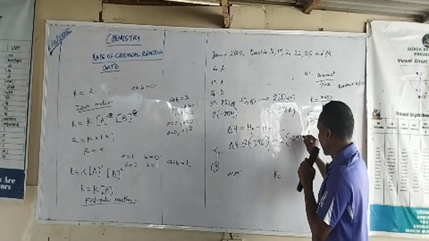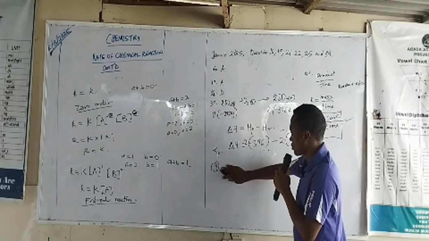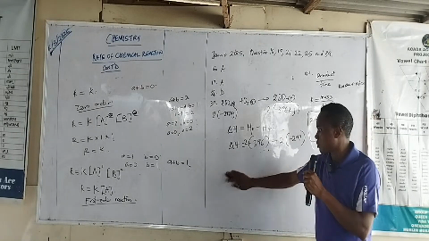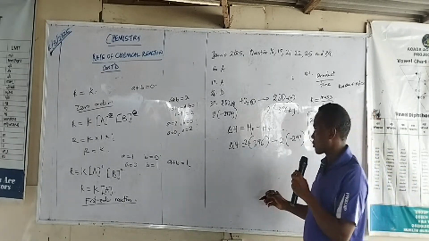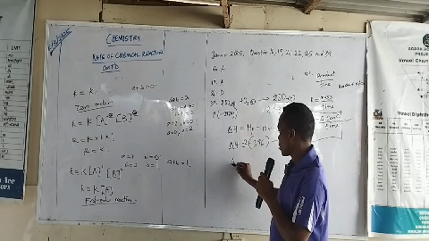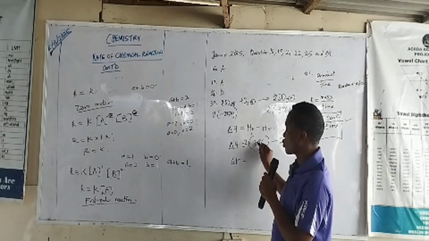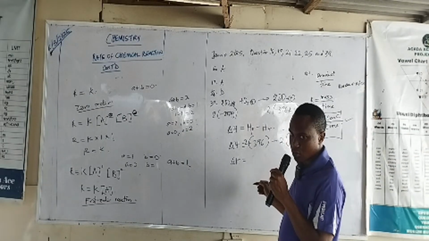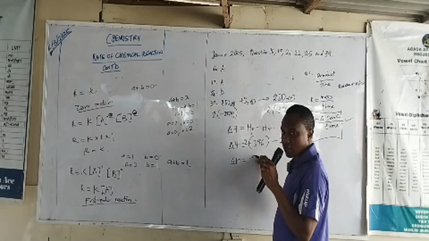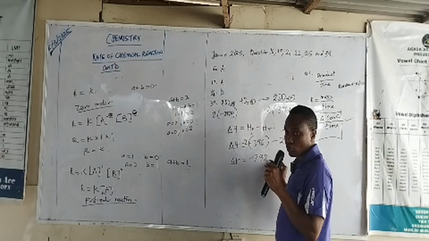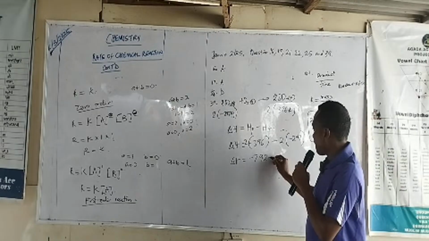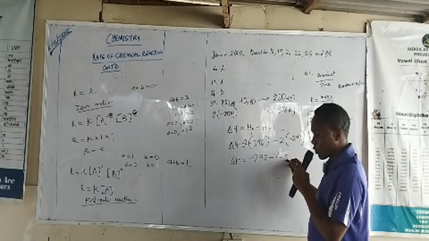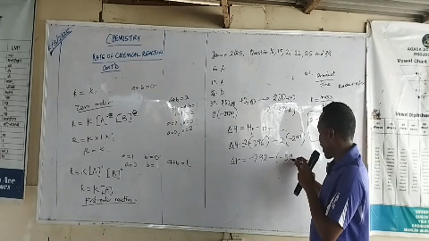Two times minus 297 is minus 594. Two times minus 396 is minus 792.